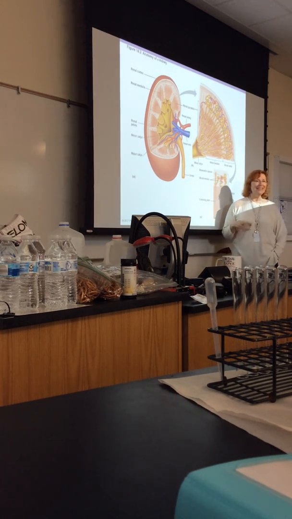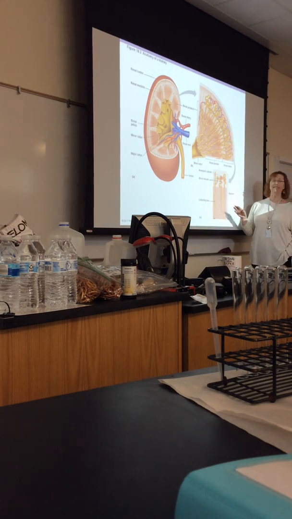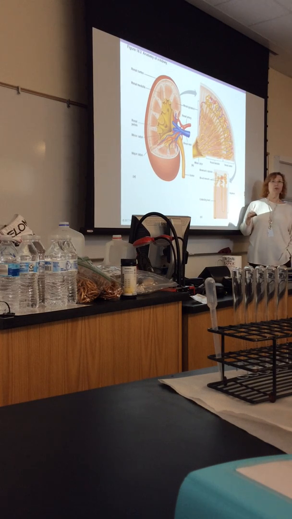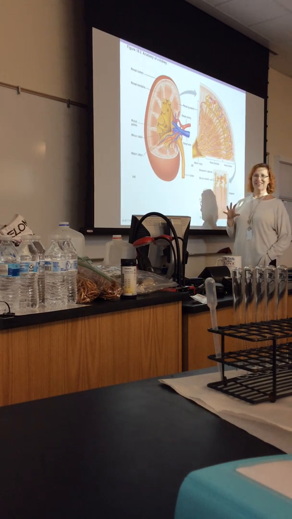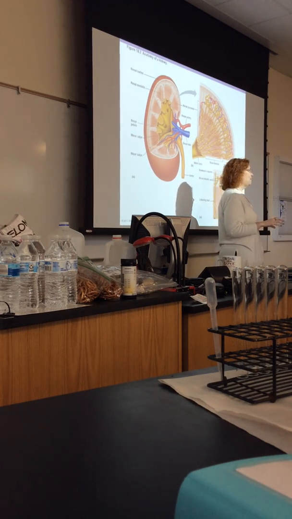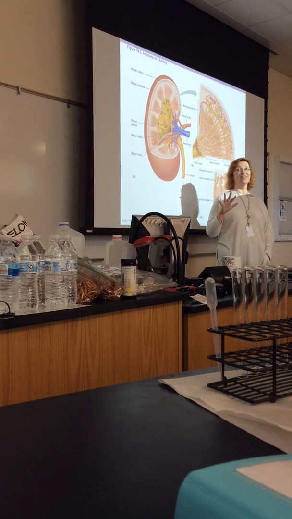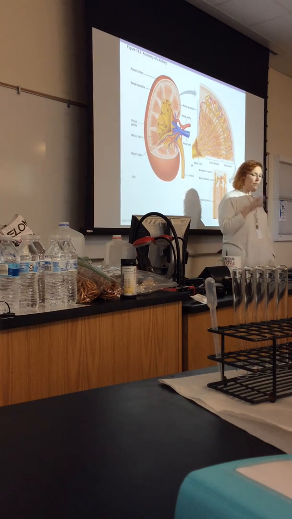The nephron is divided up into pieces. This is something I really try and emphasize in anatomy, and again, here's another good thing if you can come to cram night.